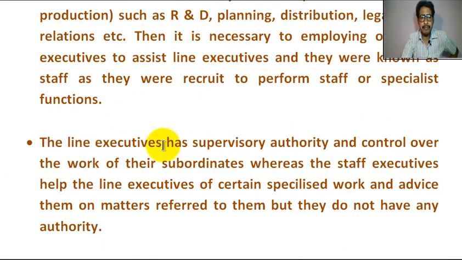The line executive has supervisory authority and control over the work of their subordinates, whereas the staff executive means specialist function staff, who do specialist function work.